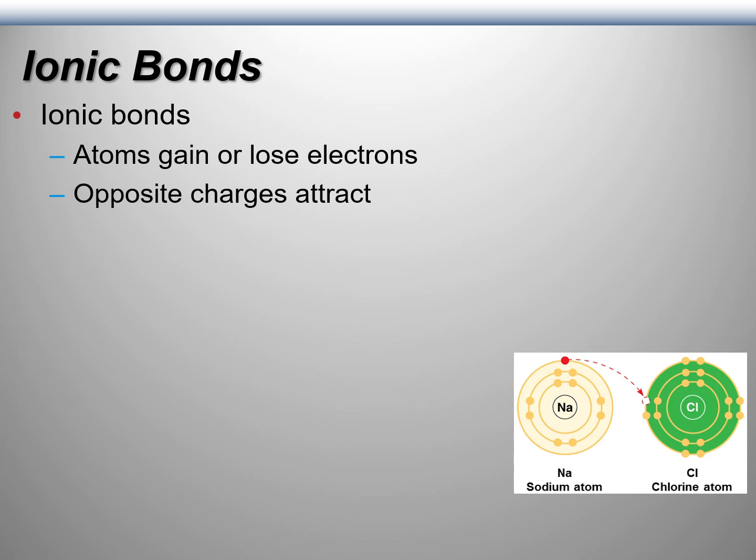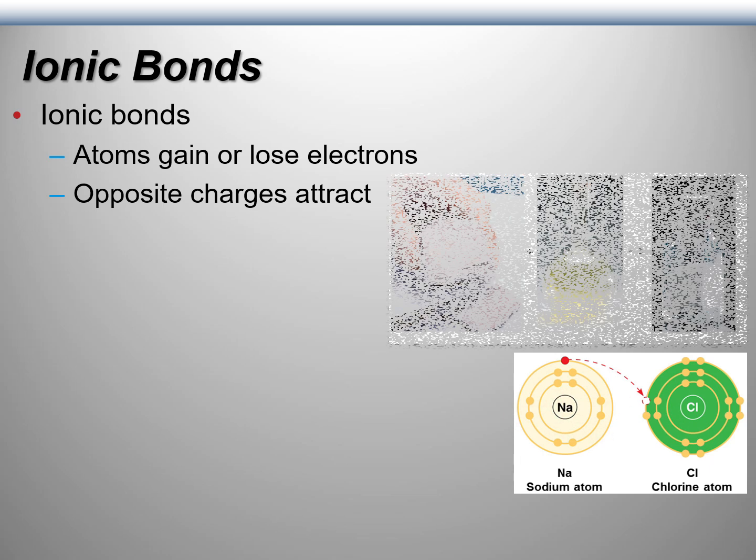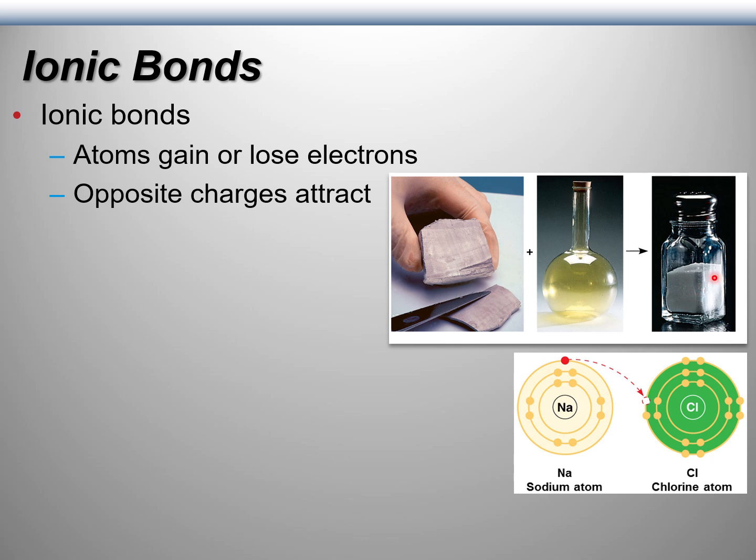Starting with ionic bonds. Ionic bonds involve ions, if you will. That is to say, for instance, an atom that has lost an electron, like a sodium atom, gives up an electron to, say, a chlorine. That chlorine is going to hold on to that electron and not let sodium have any access to it. And so now we have a negative charge on the chlorine and a positive charge on the sodium, and that would give us sodium chloride.